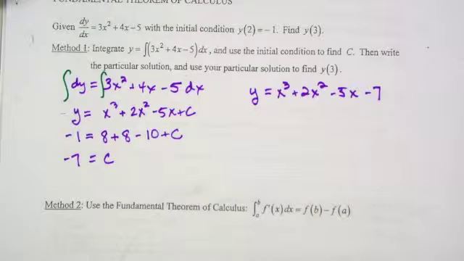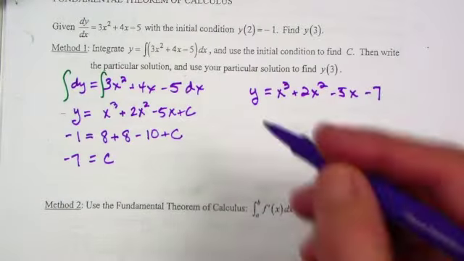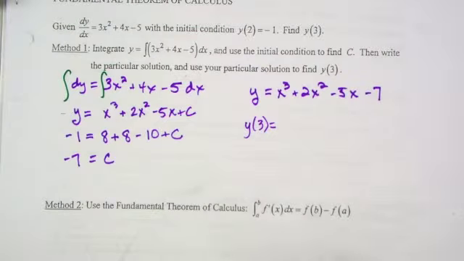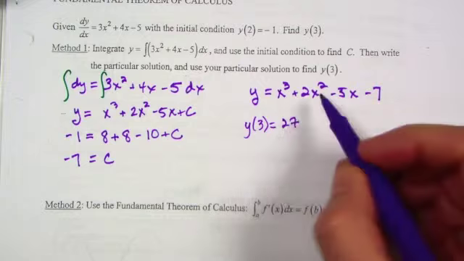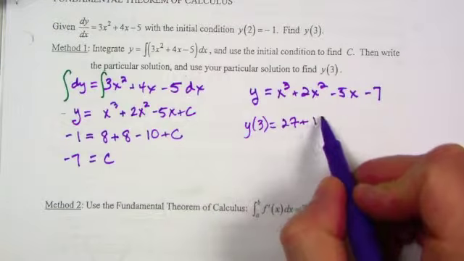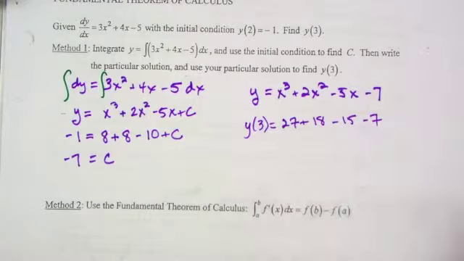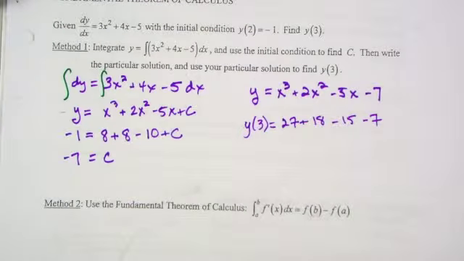And what can I do with that solution now? Use it to find other y values, right? So I was asked to find y of 3. So y of 3 will be 27 plus 18 minus 15 minus 7, 23.